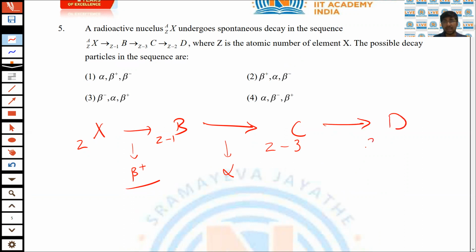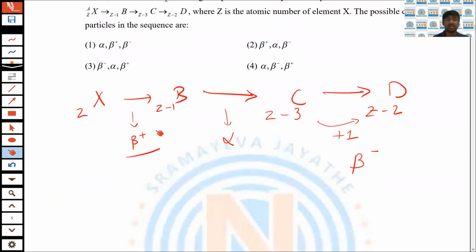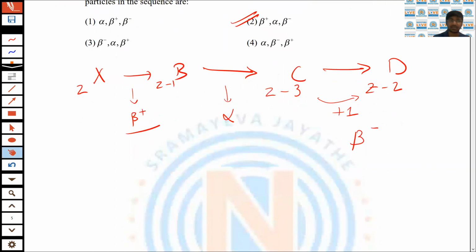Now let's take the D atom, which has an atomic number of Z-2. So the atomic number has increased by 1, which means the decay is definitely a beta minus decay, thereby creating an electron from the atom, because of conversion of a neutron to a proton, thereby increasing the atomic number by 1. So the correct sequence is beta plus, alpha particle, and beta minus particle. So the correct option is the second option.